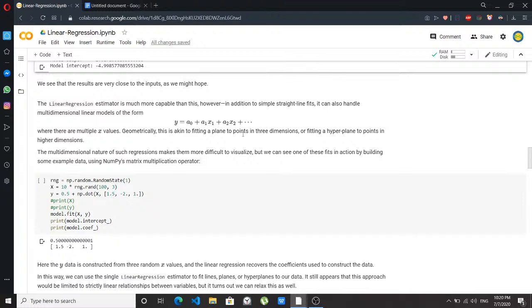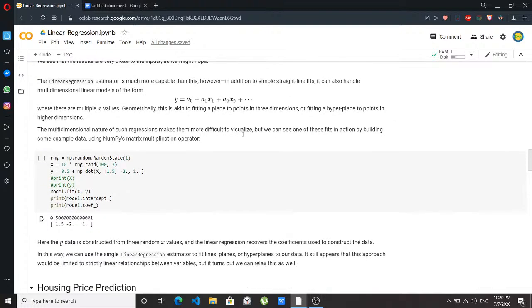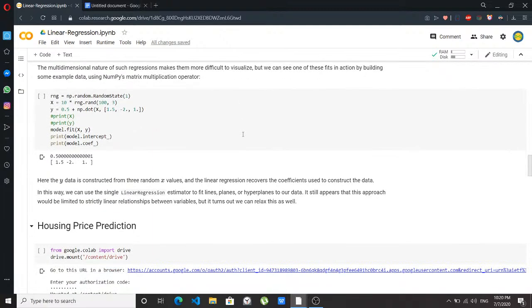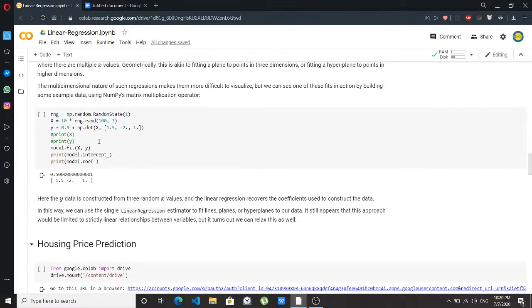Geometrically, it goes from a line in a 2D graph to a plane in 3 dimensions, or a hyperplane as we increase the number of x values. It is very difficult to visualize, but we can train the model and find out.